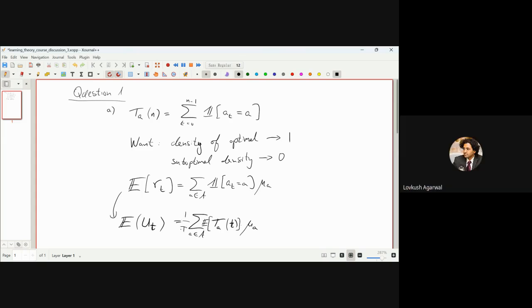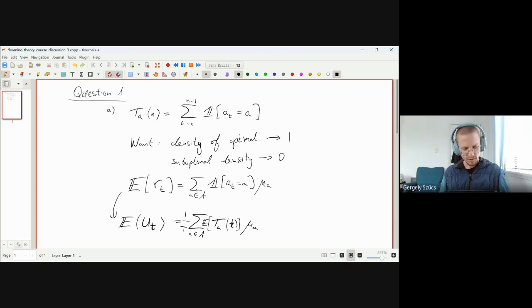Are we missing an expectation in the reward one? I think mu is already the expectation. But what about the indicator function, am I mistaken? Yeah, there might be one missing.